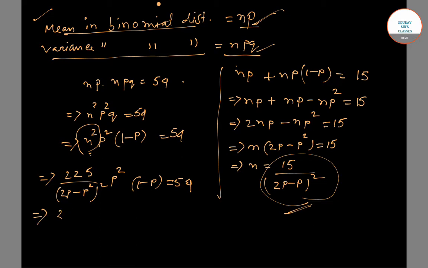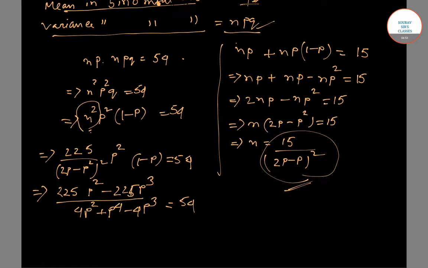It will be equal to 225 p square minus 225 p cube divided by 4p square plus p to the power 4 minus 4p cube. So now it is equal to 54.